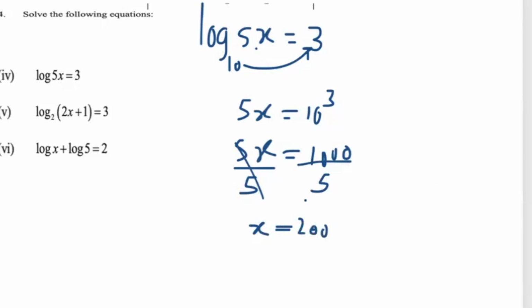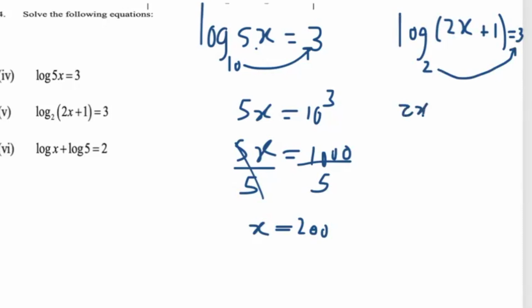Now, the next one that we have here, we have log base 2 of x plus 1 equal 3. Write it in exponential form. So we have x plus 1 equal 2 is the base and 3 is the power.